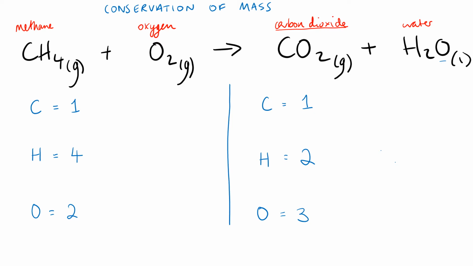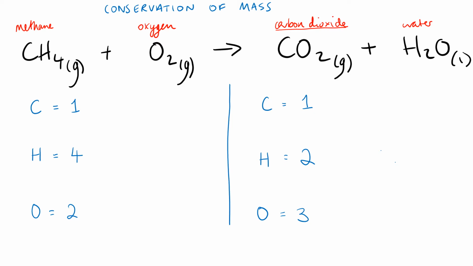So at the minute, this reaction is not showing conservation of mass, because 2 of our hydrogens have seemingly disappeared because we've gone from 4 to 2, and we've actually ended up gaining an oxygen from somewhere, and that can't happen. So what we need to do is work out in what ratio the methane and oxygen react together, and in what ratio the carbon dioxide and water are produced to ensure that we do have conservation of mass.